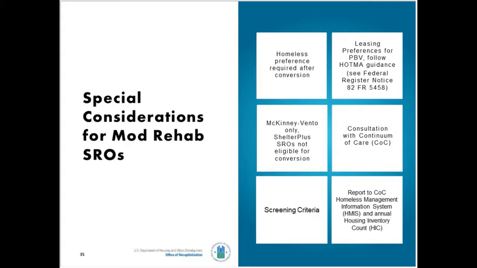So again, if you're going to provide services for a subpopulation or provide additional preferences at the project, you need to make sure that your admin or tenant selection plans are in compliance with Section 2.7E of the notice.